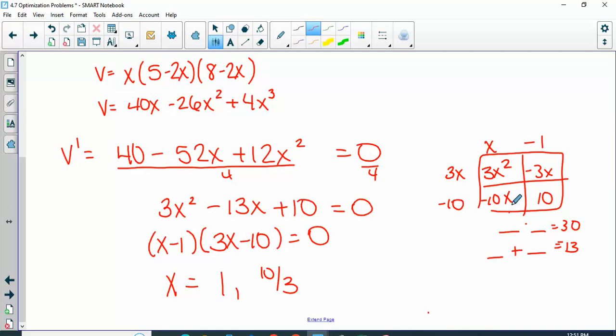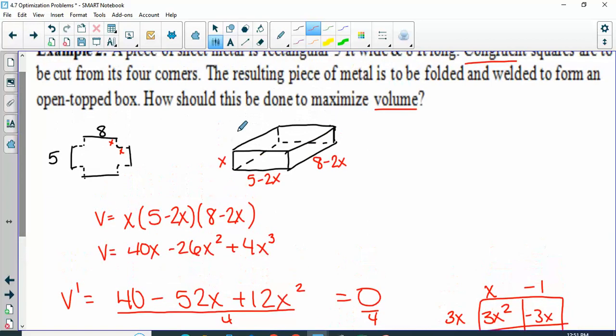What do you think? No, because it makes negative sides. Go back to your picture. If we plug in a 1, we have 1 by 3 by 6, that's fine.